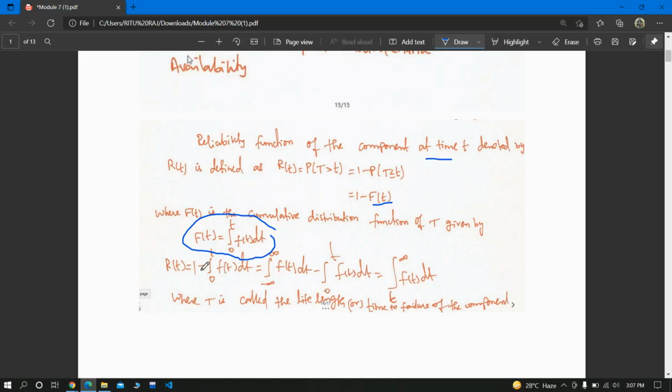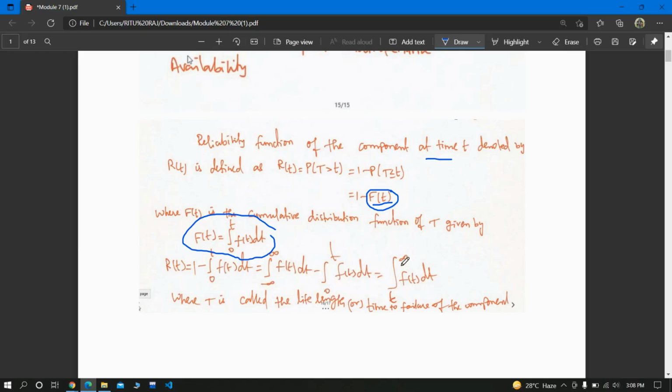So the reliability function is equal to 1 minus, and we replace F of t by this formula. So we get 1 minus the integral from 0 to t of f of t dt, or we can also write it as the integral from minus infinity to infinity of f of t dt minus the integral from 0 to t of f of t dt.